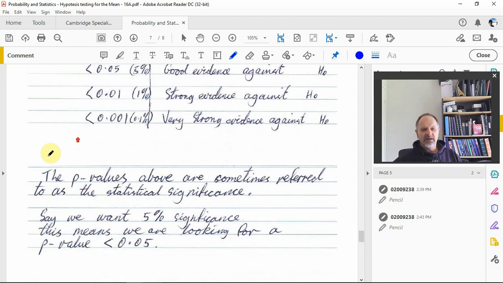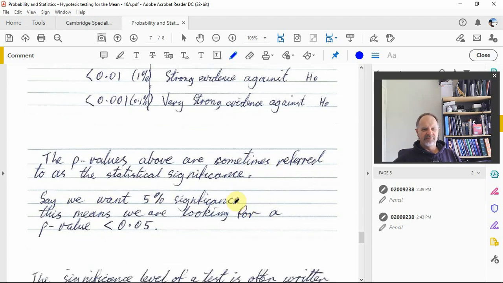All right, so sometimes this is referred to as statistical significance. Statistically it's a significant value. Sometimes you hear that in news reports and things. Say, for example, we're looking for a 5% significance.